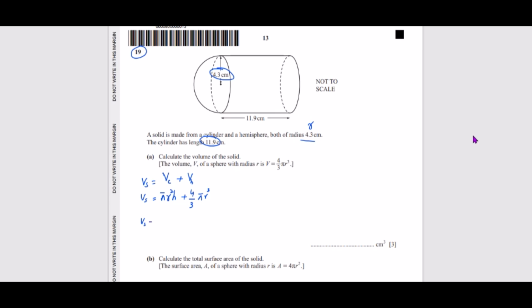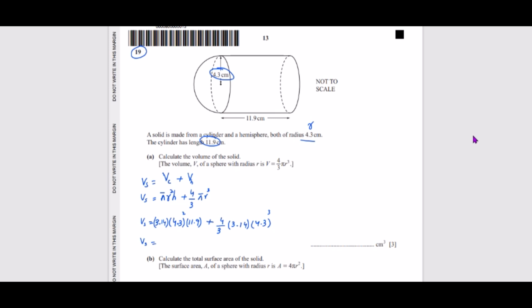Put these values. Pi is equal to 3.14 and radius is 4.3 and height is 11.9, square, plus 4 by 3, pi is 3.14, radius is 4.3 cube.